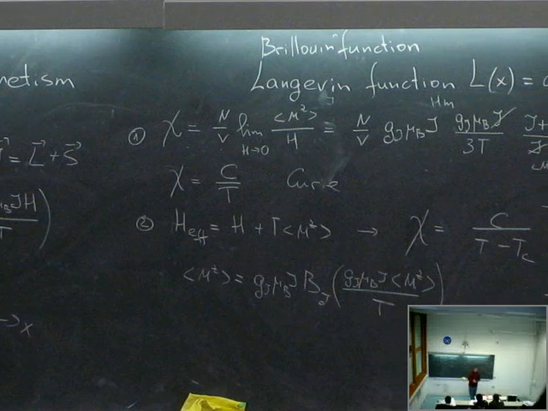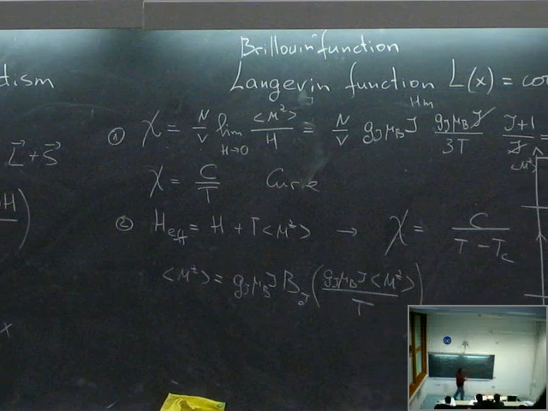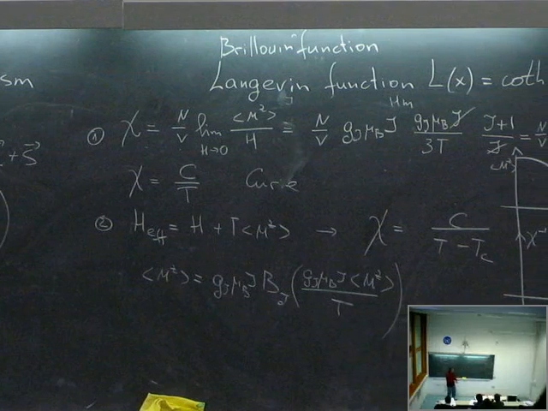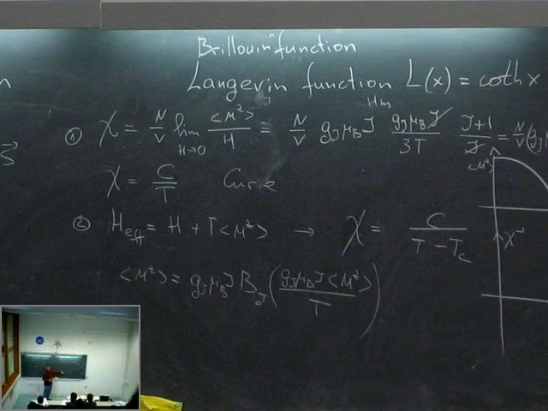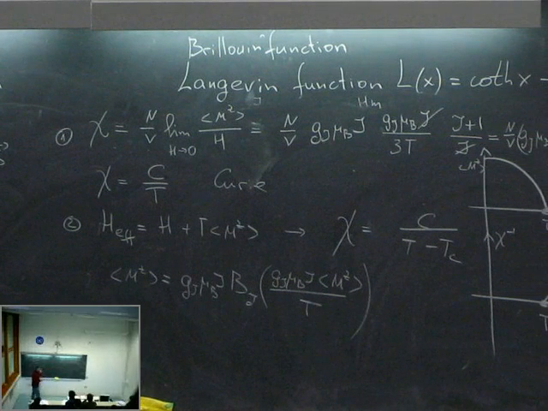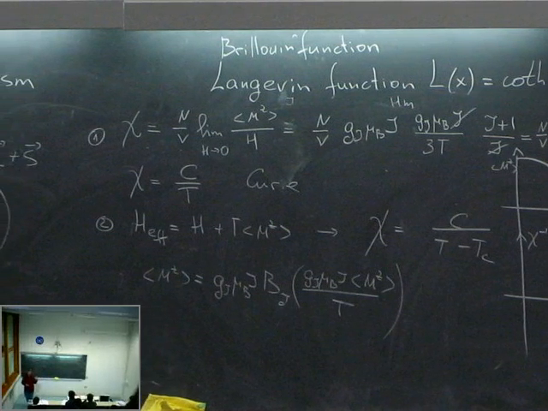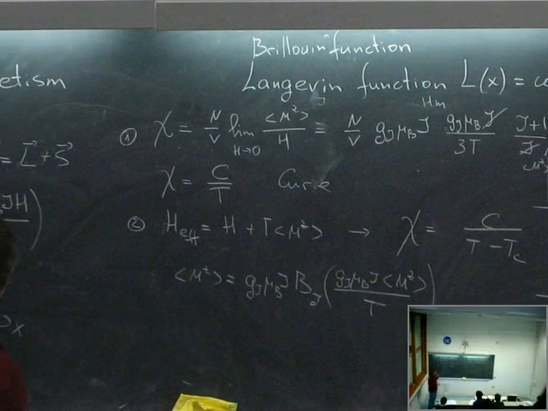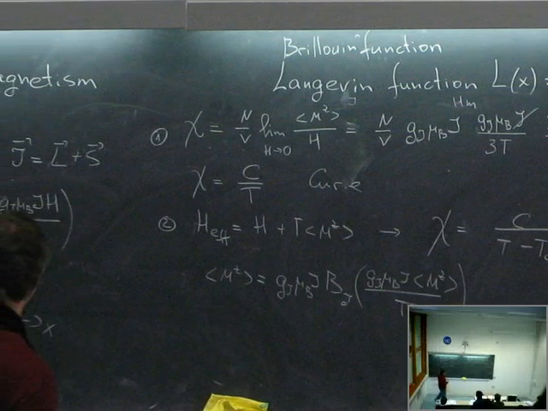the behavior of magnetization. In order to do it, what we need to do is to expand the Brillouin function up to the next term, namely the cubic one, and see the definition of the critical temperature.